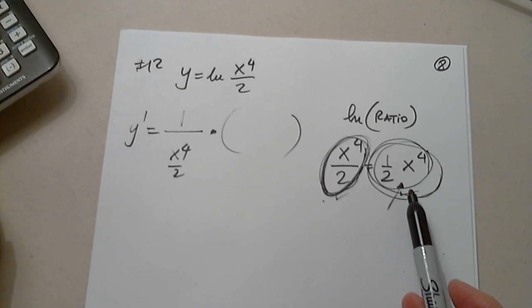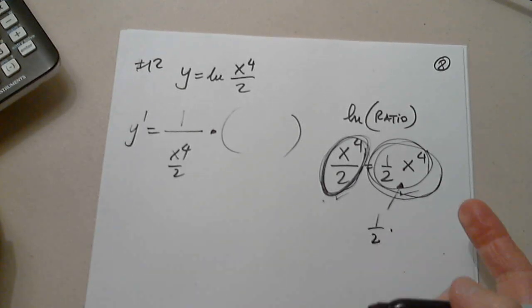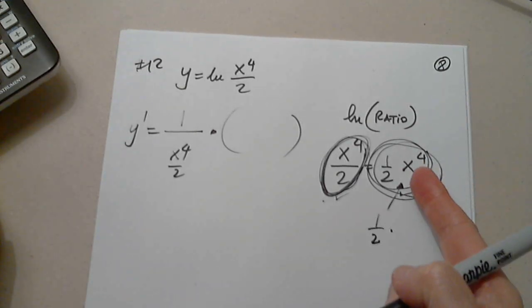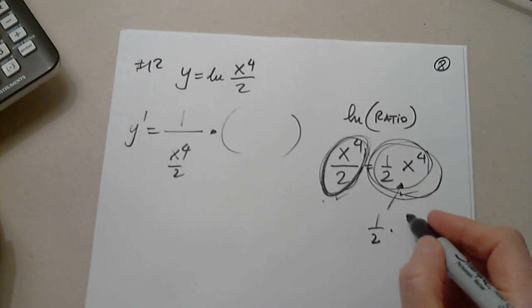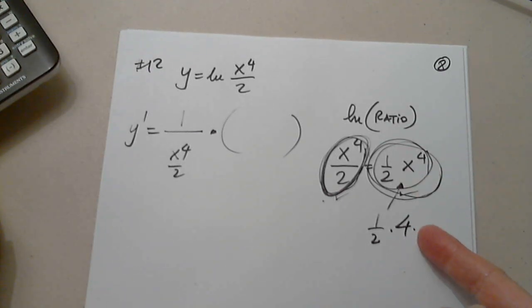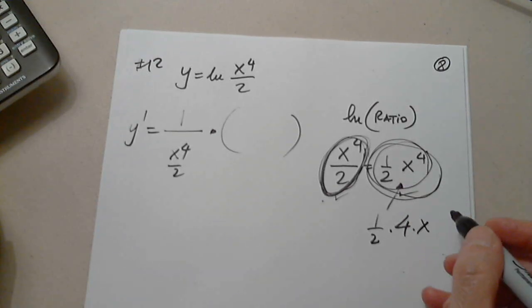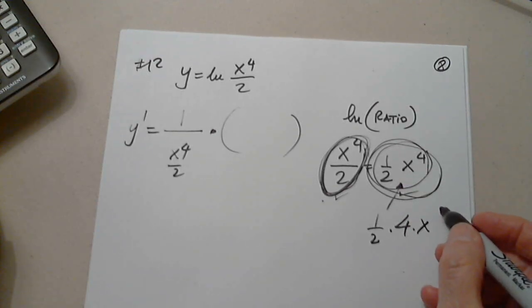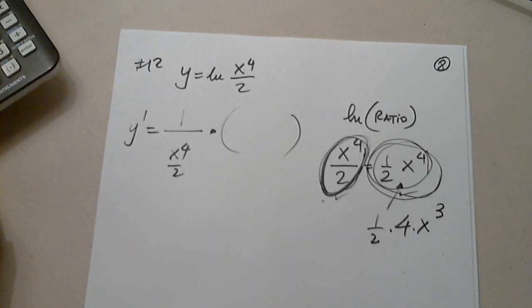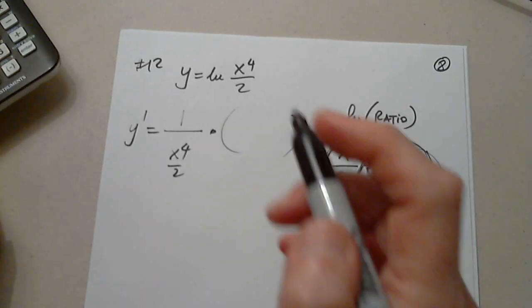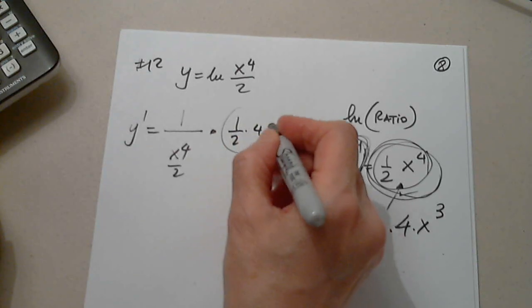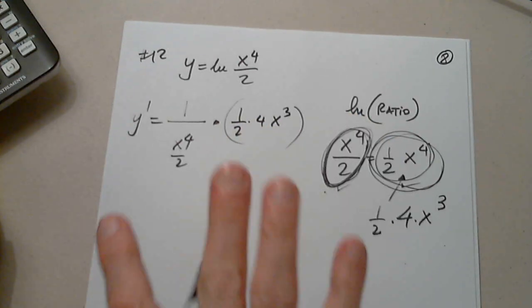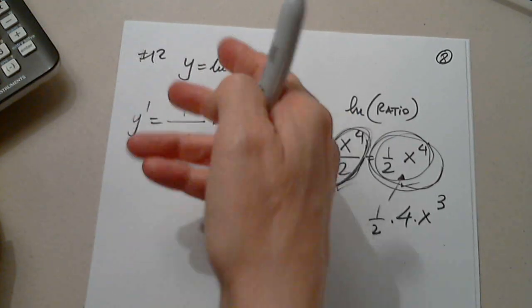Two x. So we have 1 over x to the 4th over 2, times 4 times x to the third. Awesome. So let's write it as is right now, for everyone to see. Of course, I have to flip this.